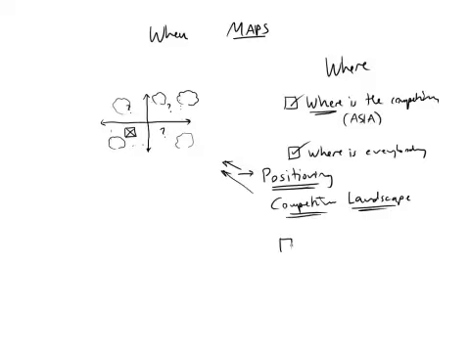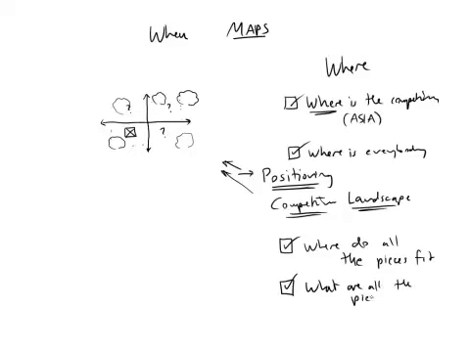Okay, other times we would use a map when the question is, where do all the pieces fit? Where do all of these pieces that I have fit? And a corollary question to that is, what are all the pieces? If I'm not interested in the individual details of each piece, but what are all the pieces in aggregate?